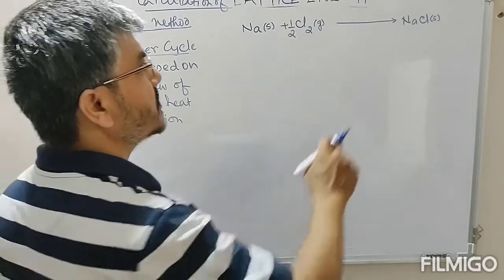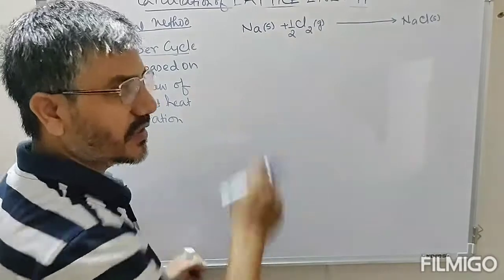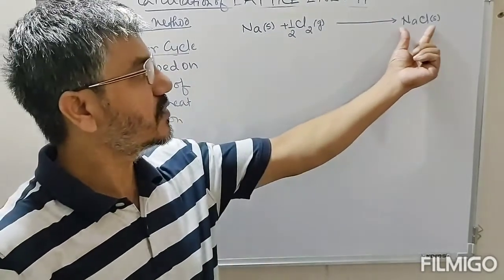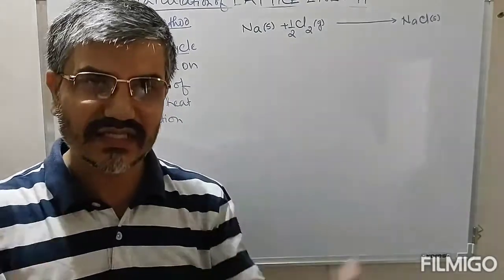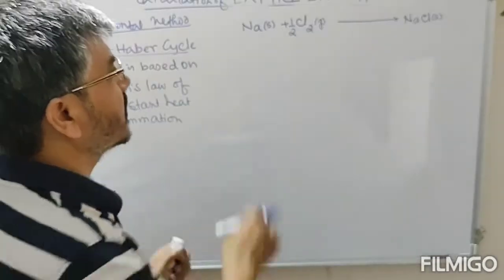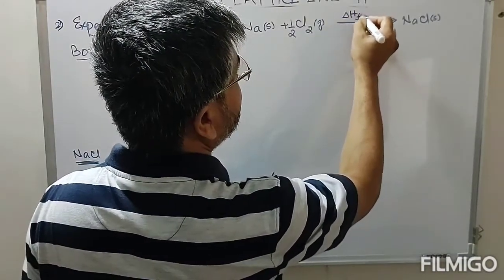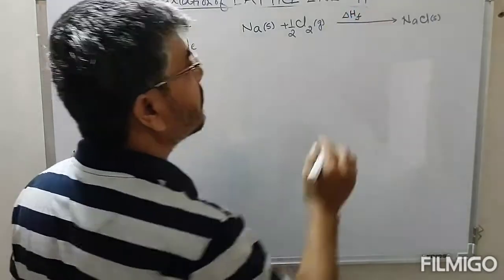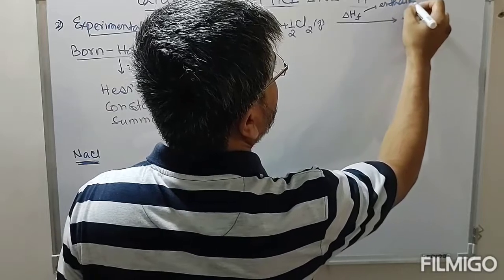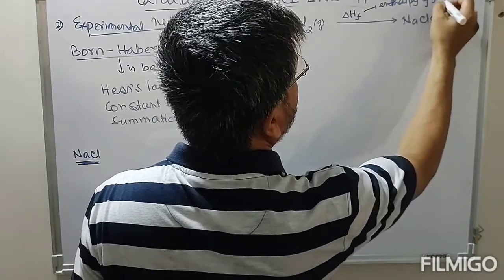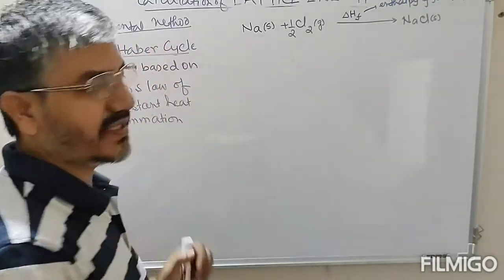Now this is the formation of sodium chloride from its elements, sodium and chlorine. This is the formation of a compound. So during the formation of a compound, always energy is released, and let's suppose this energy is defined as delta HF, that is enthalpy of formation. We use this term enthalpy to define energy.